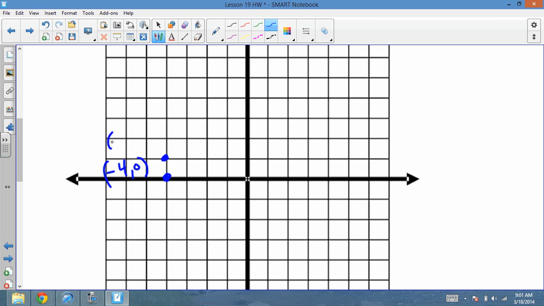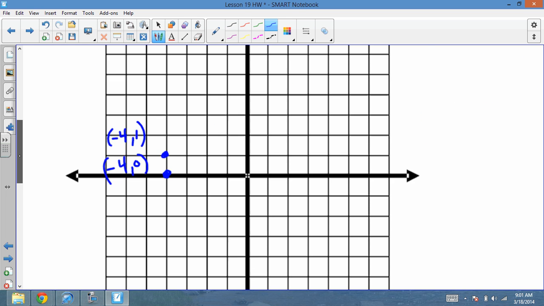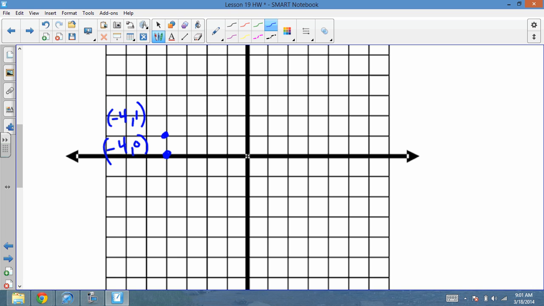This point right here, -4, 1, is also a solution to that linear equation x equals -4. Another solution we came up with was -4, 2. So if I start at the origin and go to the left 4 because x is negative and up 2, we create this particular point right here, -4, 2.